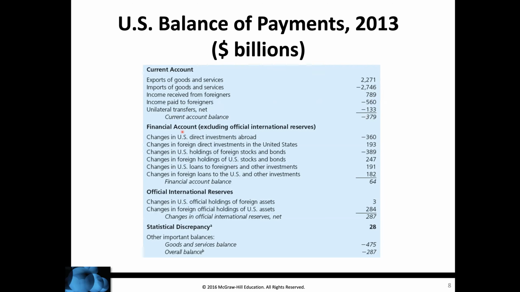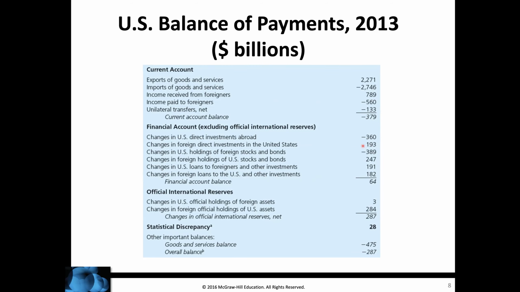Then we have our financial account, changes in US direct investment abroad, changes in foreign direct investment in the US, changes in US holding of foreign stocks and bonds, changes in foreign holdings of US stocks and bonds, changes in US loans to foreigners and other investments, and changes in foreign loans to the US and other investments.